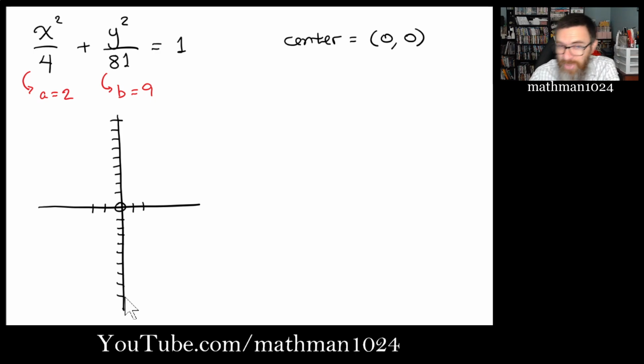Again, this is not the prettiest graph we're ever going to see, but it gives us a good idea about where things are, and it helps us answer our questions. So 2 to the right and to the left, 9 up, 9 down, and then we have our ellipse.